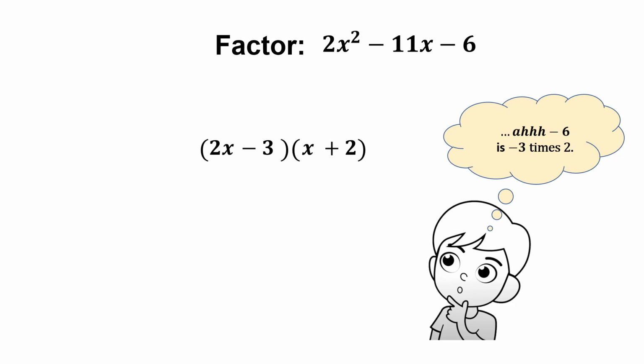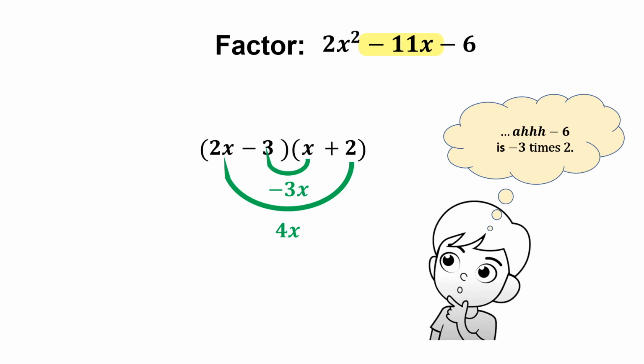The next thing to do is to check the sum of the product of the outer terms and the product of the inner terms. Their sum should be equal to the middle term negative 11x. Let's see. The product of the outer terms 2x and 2 is 4x.